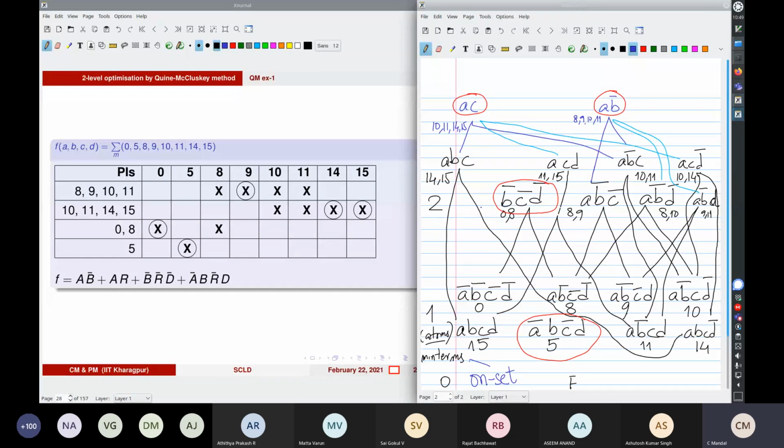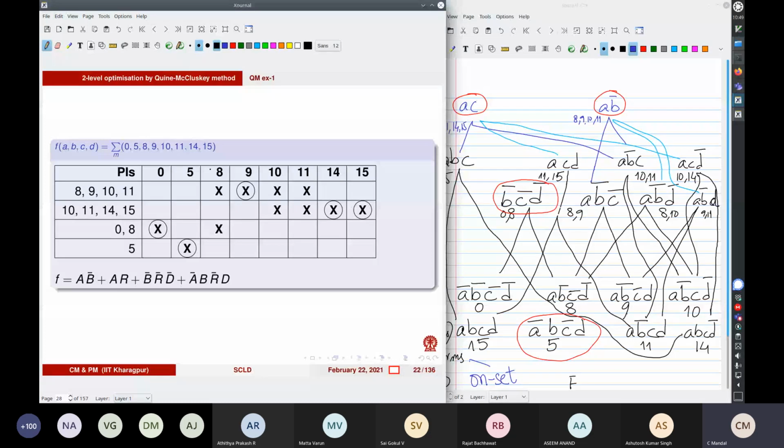Let us say 0, 8 is covering, so of course from the names it's evident which of these are covered. So I've put a cross over there.